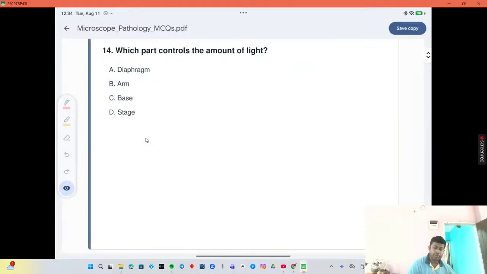Which part of the microscope controls the amount of light? Can you please answer me this question? Which part of the microscope controls the amount of light? Anyone?